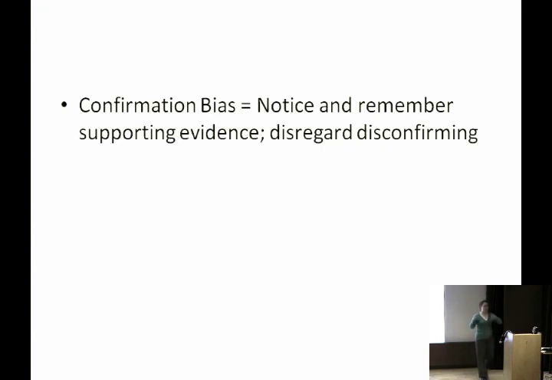We have to pay attention to the hits as well as the misses, because there might be several hits. There might be several things that truly do support or look like they support a theory. But if we are disregarding the things that are not in support of that, then we are not having a true picture. We're not looking at the actual evidence holistically.